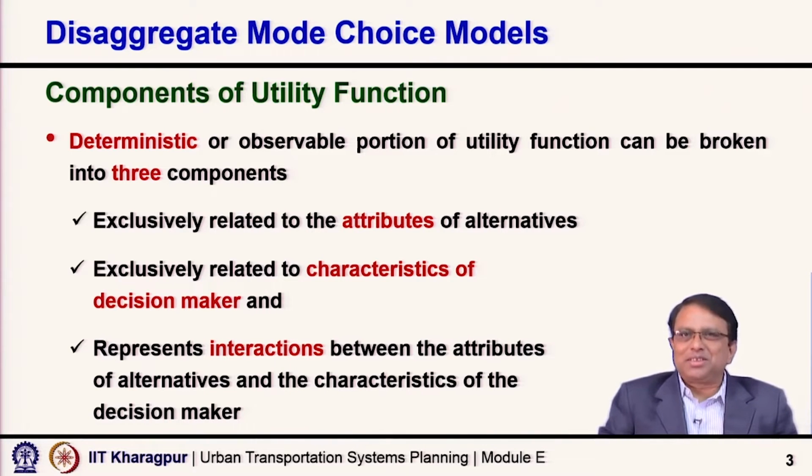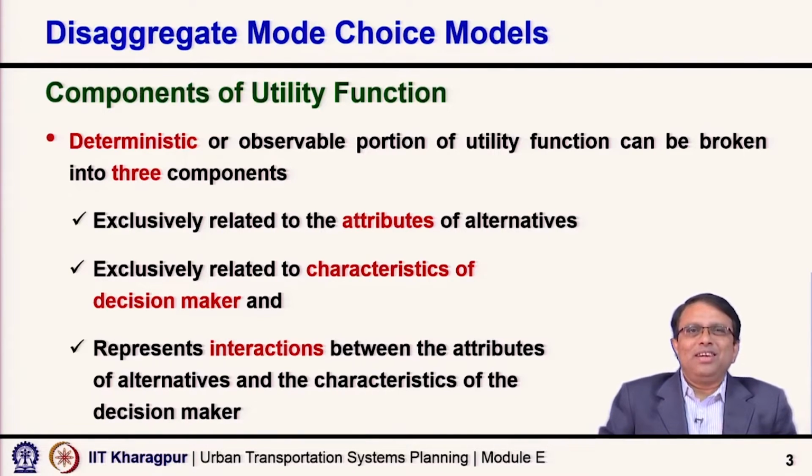Third is something interesting. I am not bringing really a completely new component, because I have told a number of times that the utility depends on the attributes of alternatives and attributes of the individual. I have not mentioned anything else. So, there cannot be anything completely new, but still something interesting and new. The other component represents interaction between the attributes of alternatives and the characteristics of the decision maker.